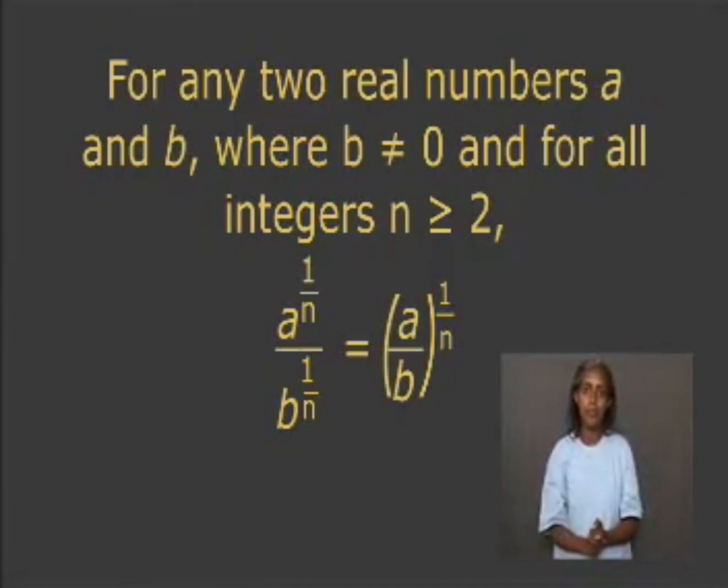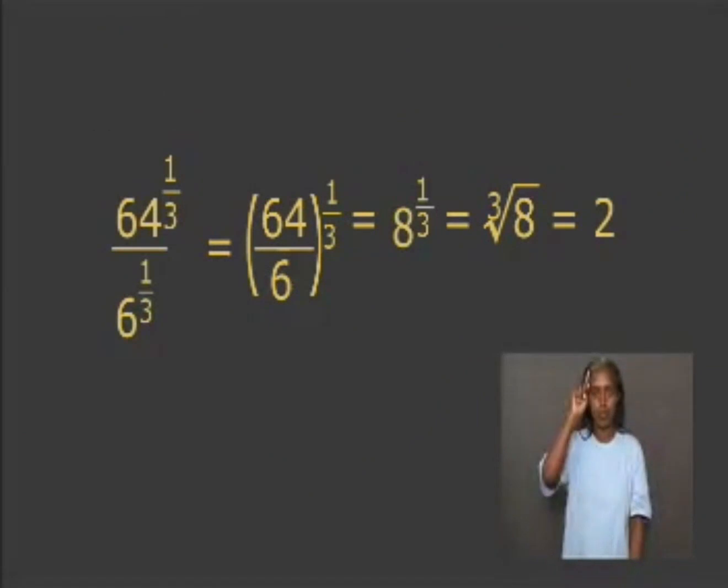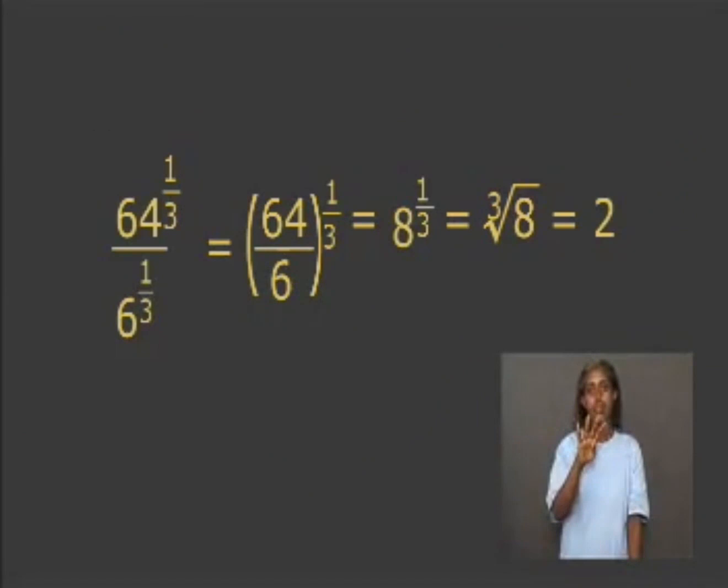For example, students, 64 to the power of 1 over 3 over 6 to the power of 1 over 3 equals 64 over 6 to the power of 1 over 3.